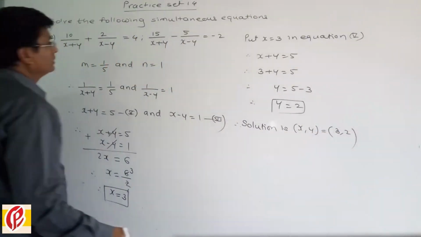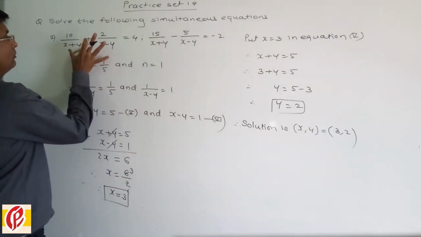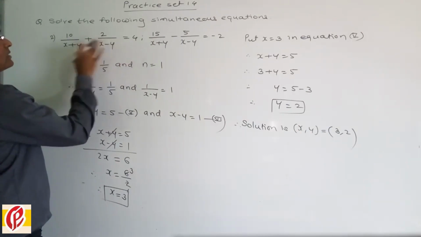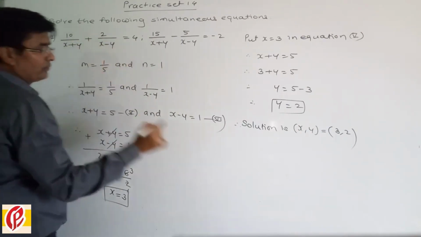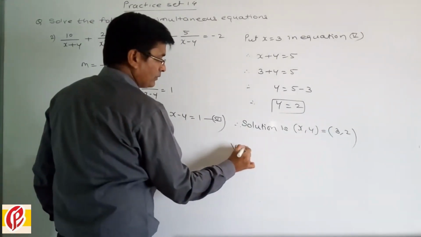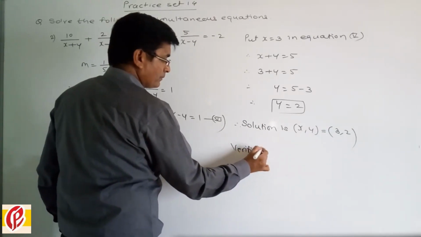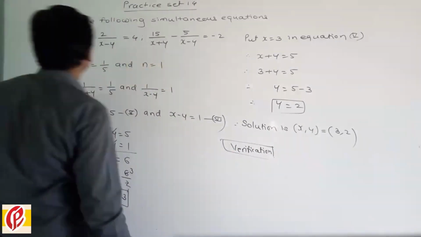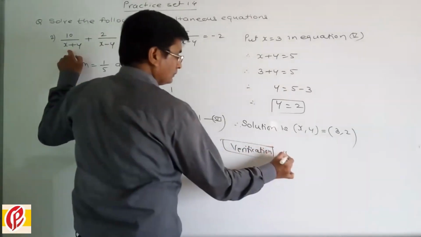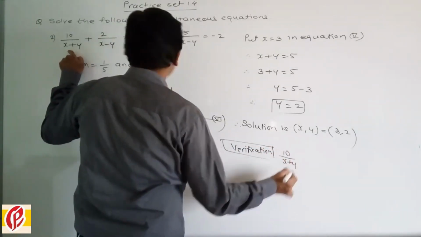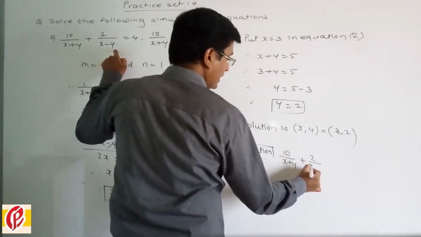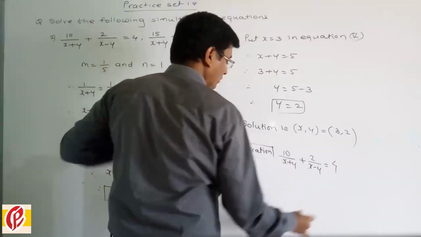Now you can check your answer by putting these x and y values in this equation and check whether your answer is correct or not. So I will verify this. Verification. So I will write 10 upon x plus y plus 2 upon x minus y is equal to 4.